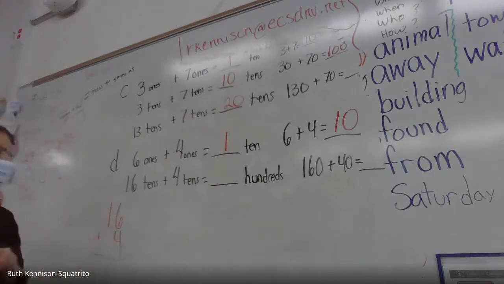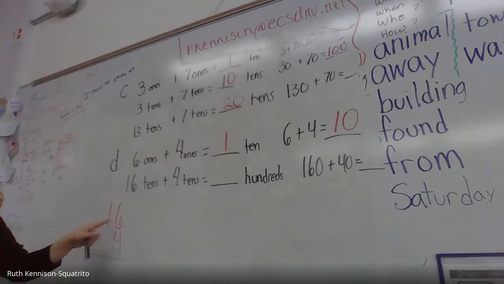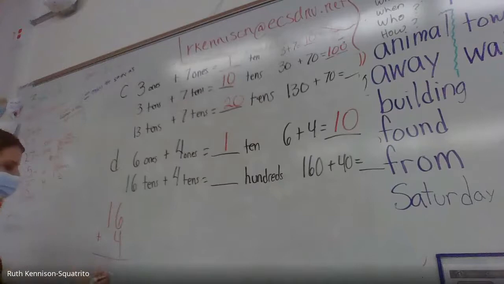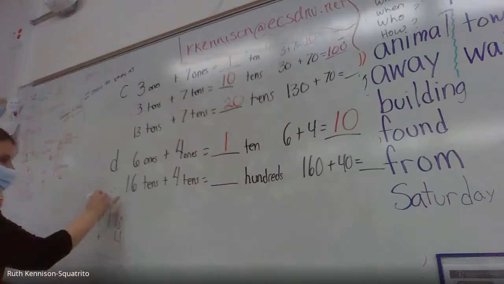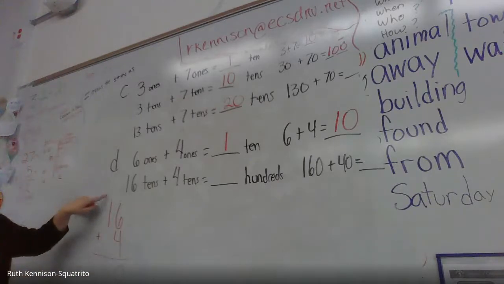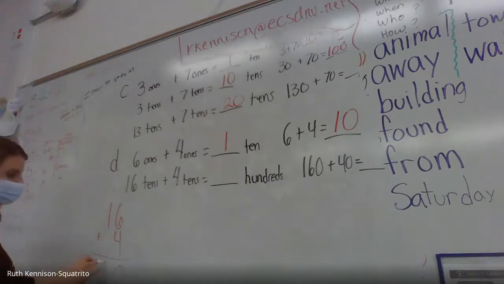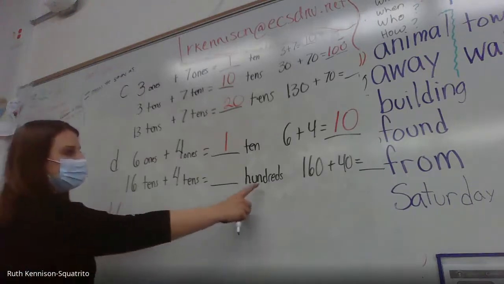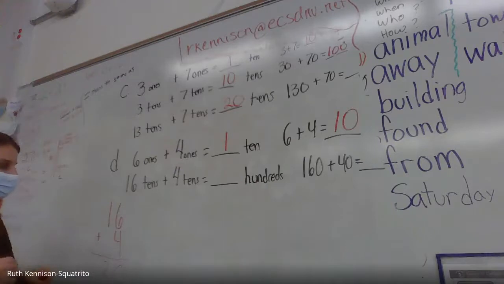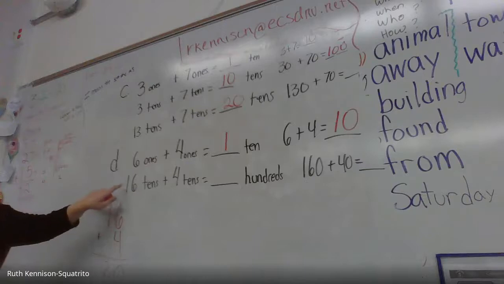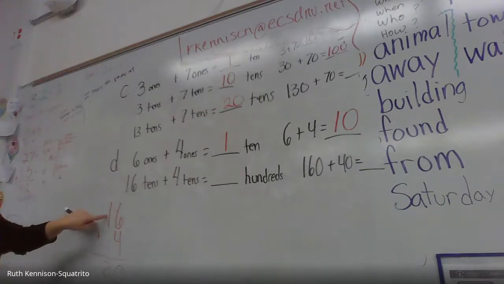So we're thinking about 16 tens. 6 plus 4, we already said it is 10. We pop that up top. 1 plus 1 is 2. But guess what? These are tens. 10 groups of 10 make 100. So I already knew this is one group of 100.